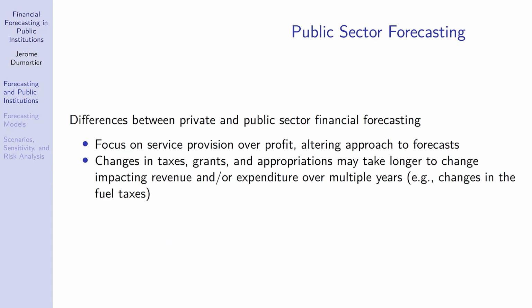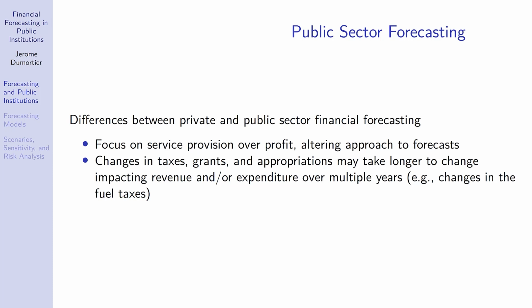Now, forecasting in the public sector and also in the private sector is fairly similar. However, there are some differences. For public sector funding, the focus is usually on service provision, whereas for private industry, it is usually on maximizing profits. Also note that changes in the environment for public institutions can take a while.